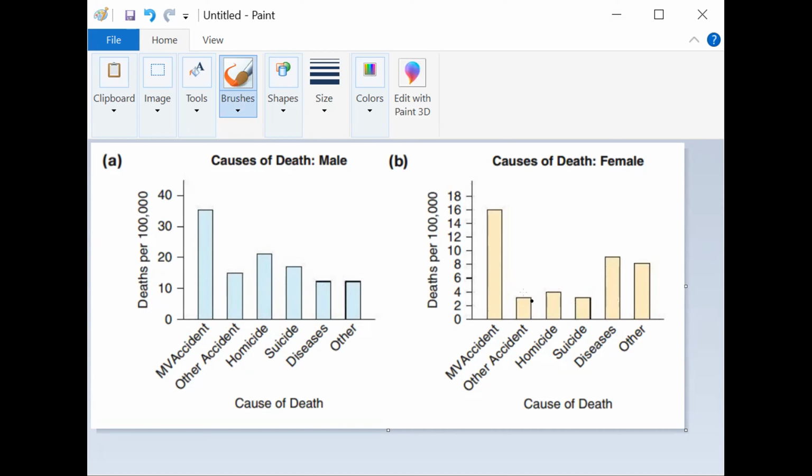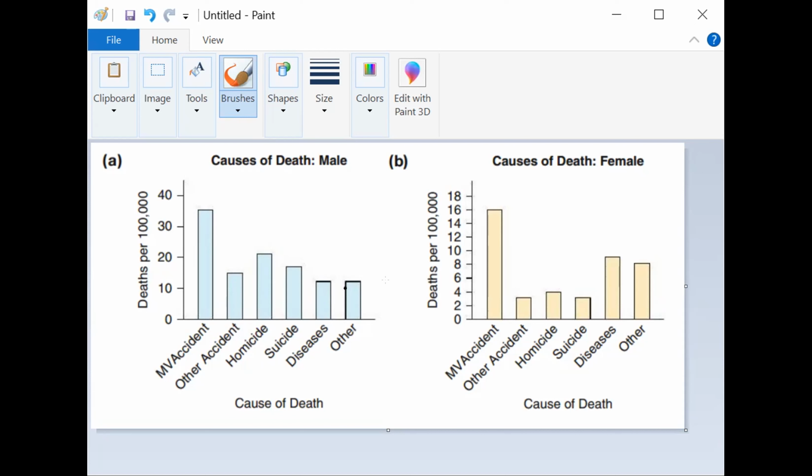And so you could see other accidents and homicides and suicides are relatively low for women compared to men. That means that there's more variation in the men, right? There's more possibility for different outcomes when you're looking through the data. It's more likely that you'd get an other accident or a homicide or a suicide with men than you would with women.